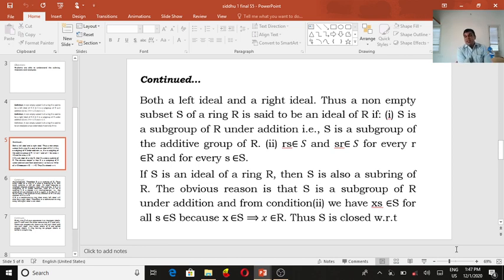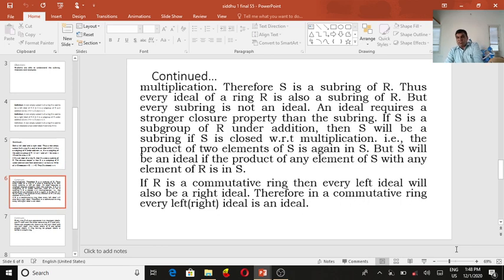If S is an ideal of a ring R, then S is also a subring of R. The obvious reason is that S is a subring of R under addition. For the multiplicative condition, we have x times s belongs to S, where x is an element of the ring R and s is an element of S. Then x is also an element of S, which implies x belongs to R. Thus S is closed with respect to multiplication.